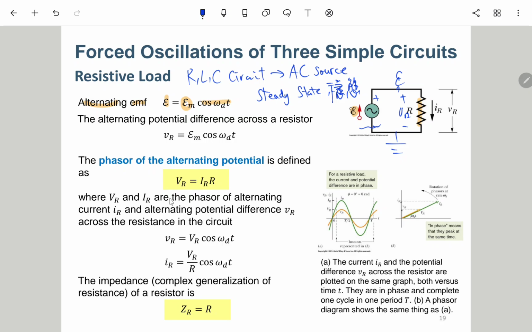We still want to make Ohm's law become V equals I out. So here, we will define this to be V out cosine of omega dt plus phi, although here this phi is 0 degree. So in this case, we have V out to be the magnitude.